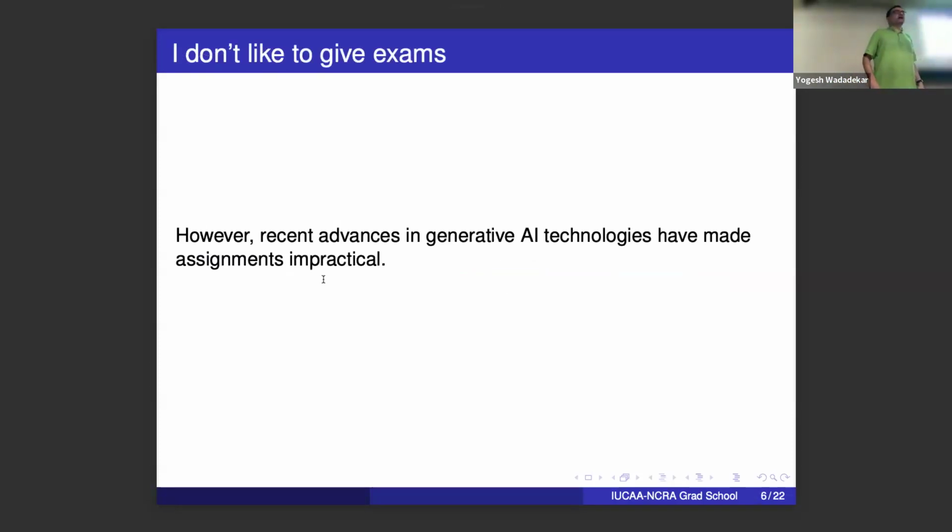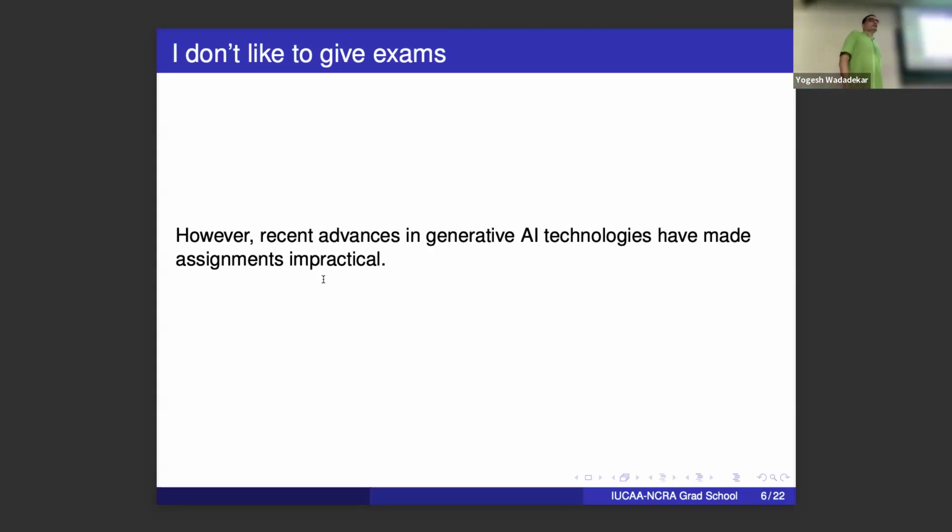Normally I don't like to give exams. But recent advances in generative AI technologies have made assignments impractical. I put some of my previous assignments through the latest generations of these AI technologies.